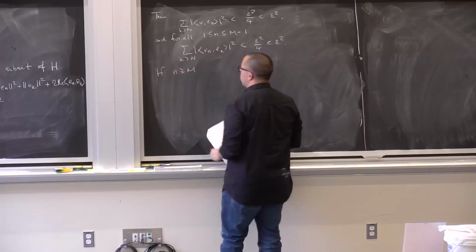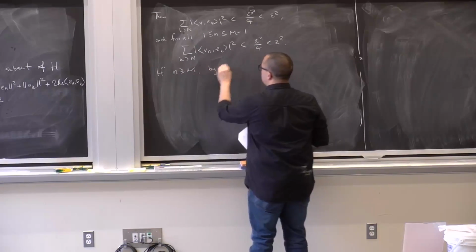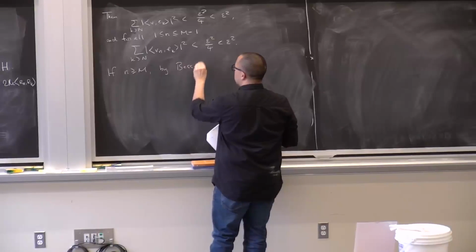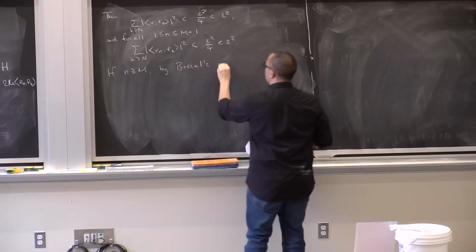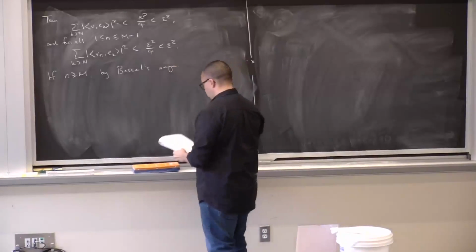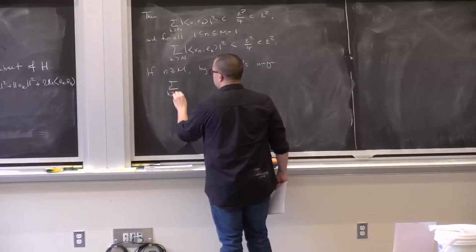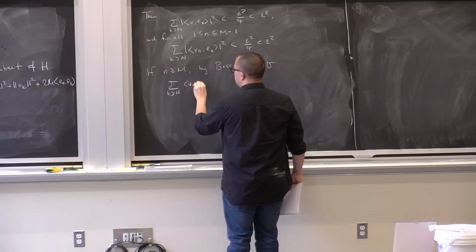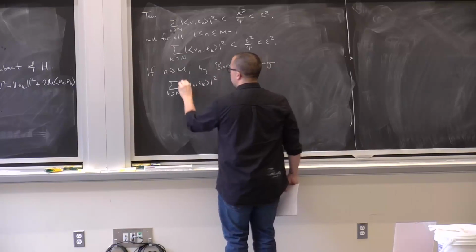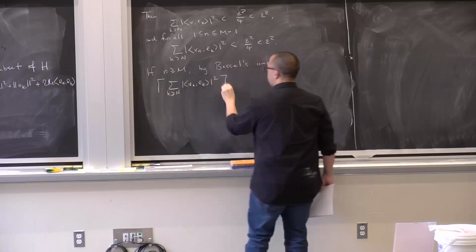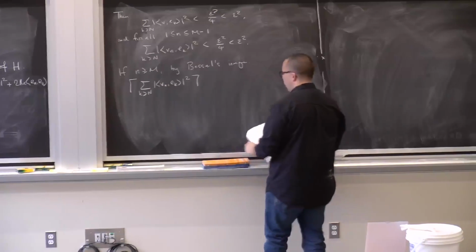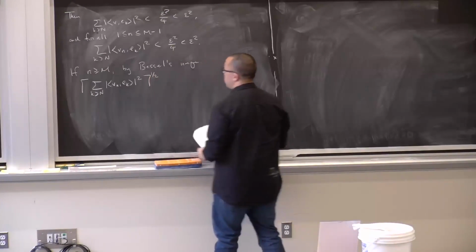Now, if n is bigger than or equal to m, by Bessel's inequality, we have that the sum over k bigger than N of Vn ek squared, if I take the half power, I want to show that's less than epsilon.